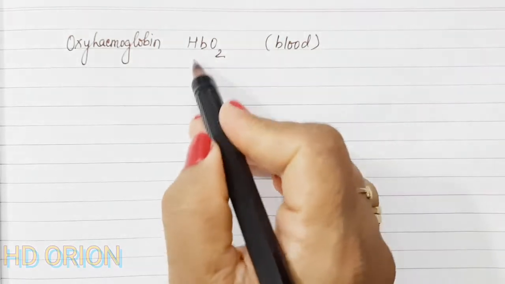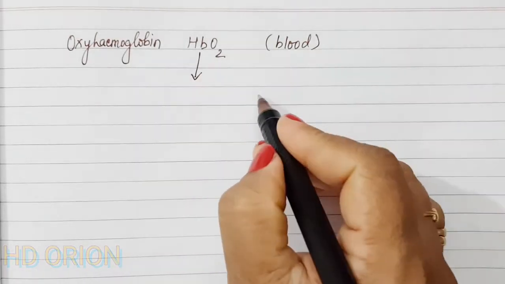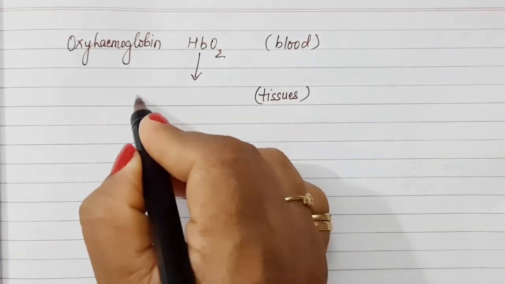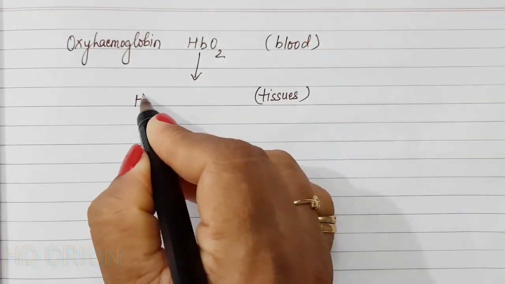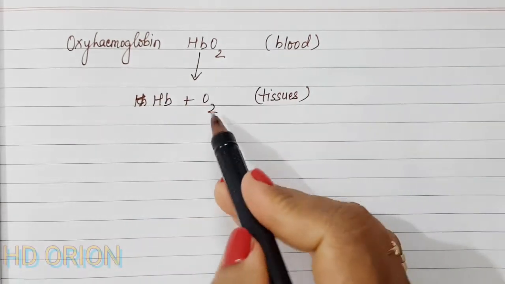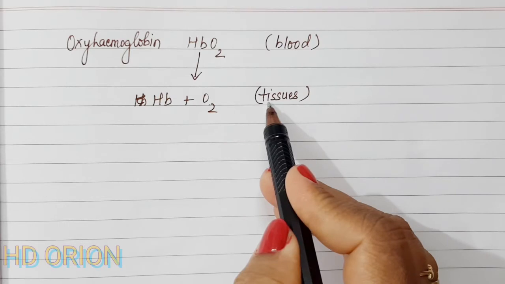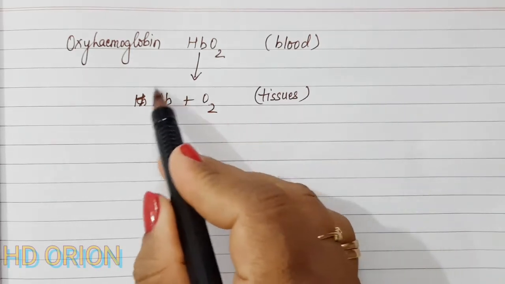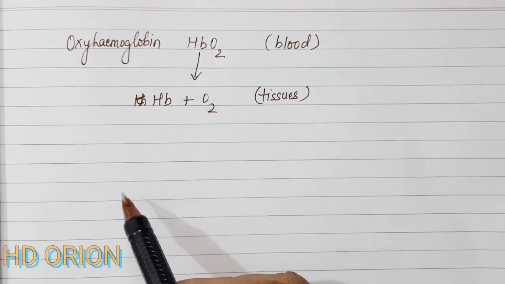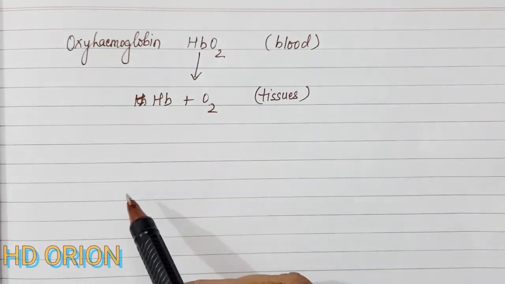But as soon as this HbO2 reaches the tissues, being unstable, it dissociates into free hemoglobin and releases the oxygen. So the oxygen moves into the cells or the tissues, and hemoglobin is free again to carry more oxygen molecules. So in this way, the respiratory gases are transferred.